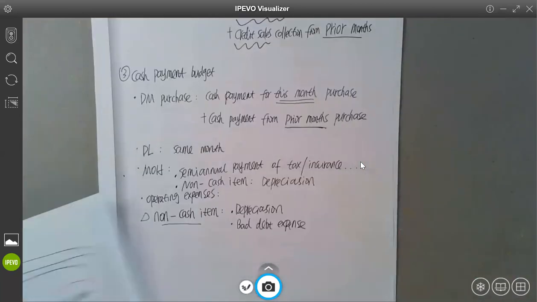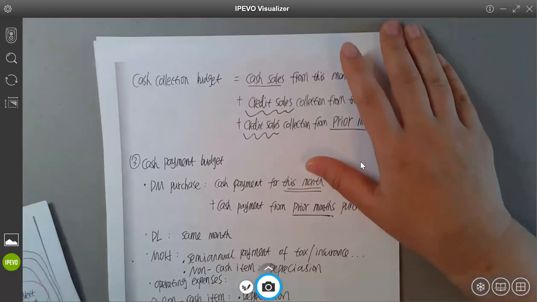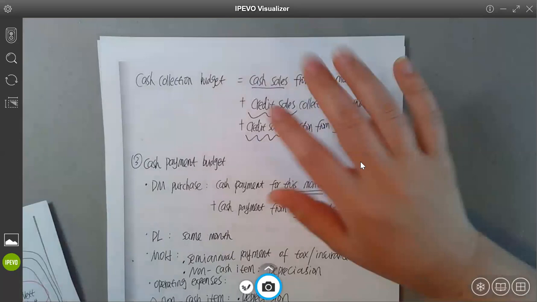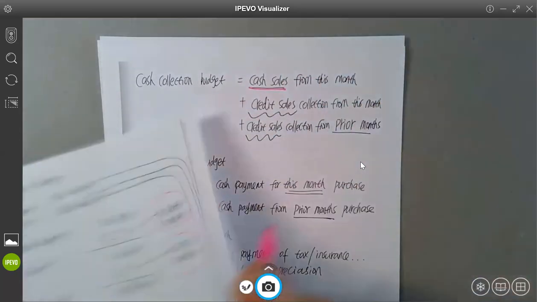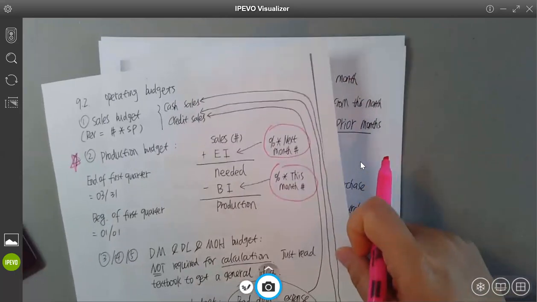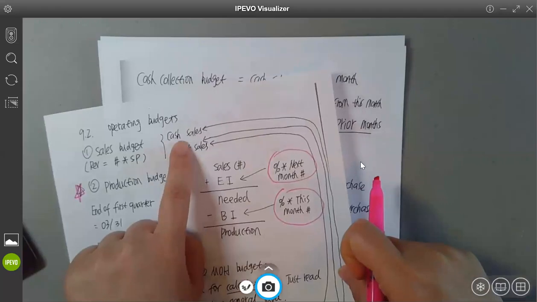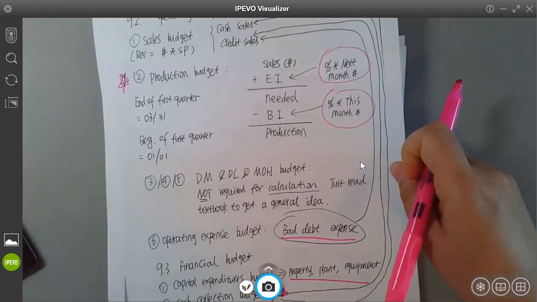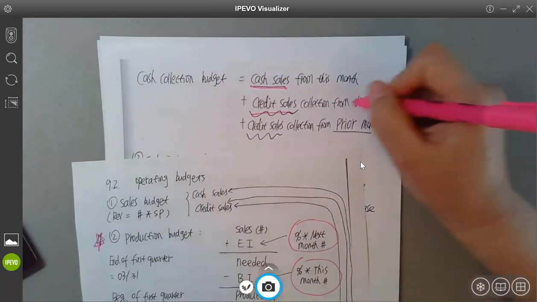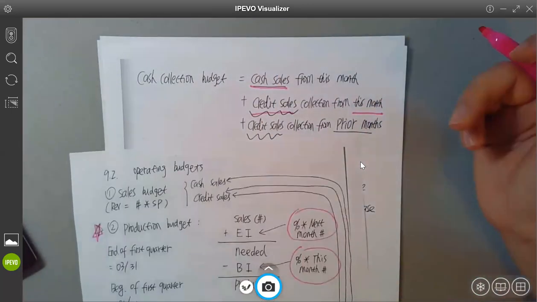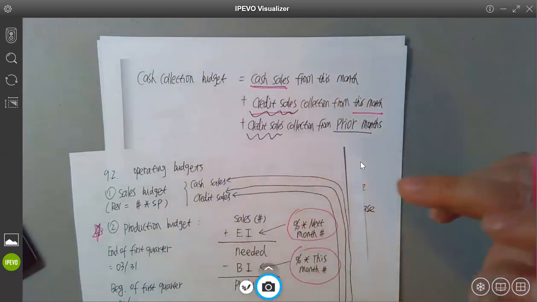I'm not going to repeat. This is important. I think you also have some practice in MyAccountingLab, but the general idea of the cash collection budget is this. If you have cash sales in March, then that is definitely collected, because that's already cash. And then credit sales in that month, let's say March, you also give credit sales, and you assume 20% will be collected in the same month.